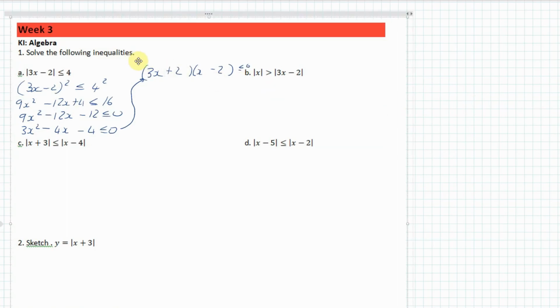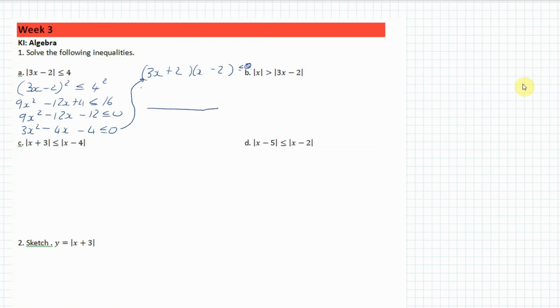Actually, that's really unfortunate. It's a bit messy. I hope you can see that. This is 0 there. Okay, so that gives us, now I'm going to do a quick sketch. Well, we've got a point here. That's that one. And then this one here is at negative 2/3.